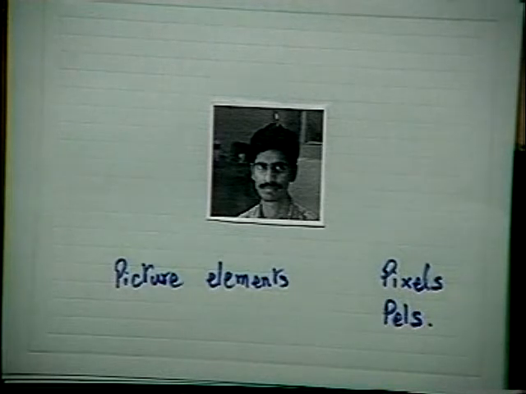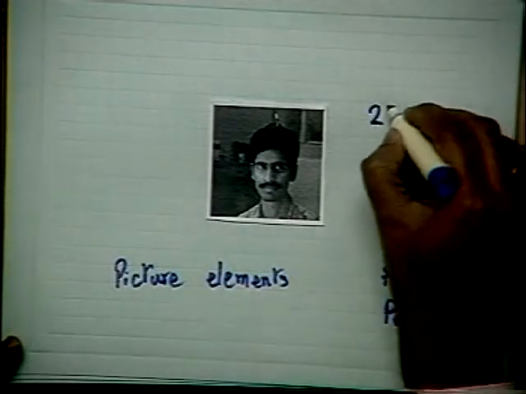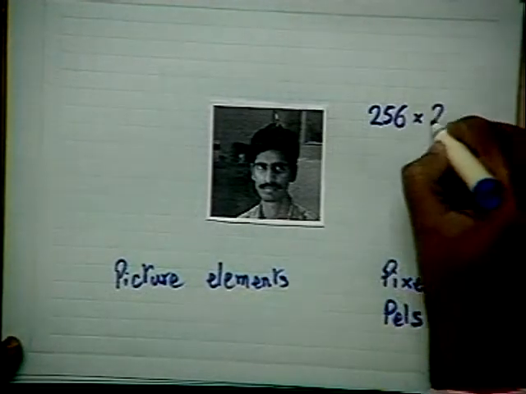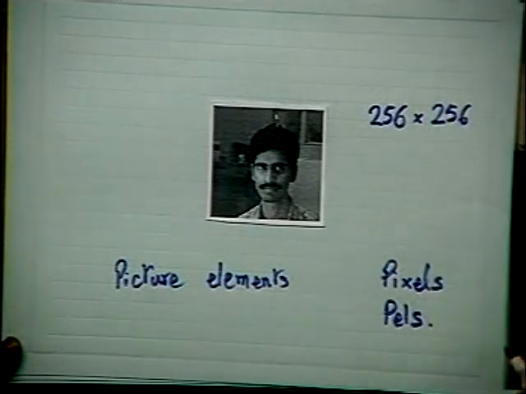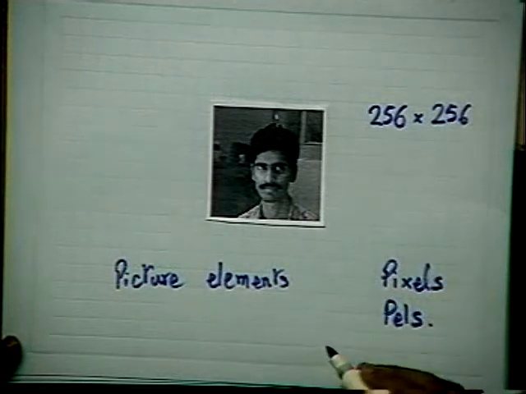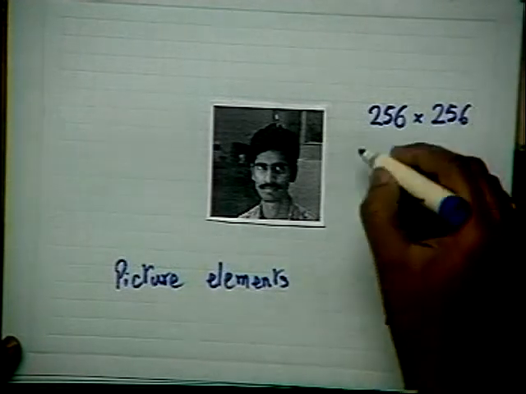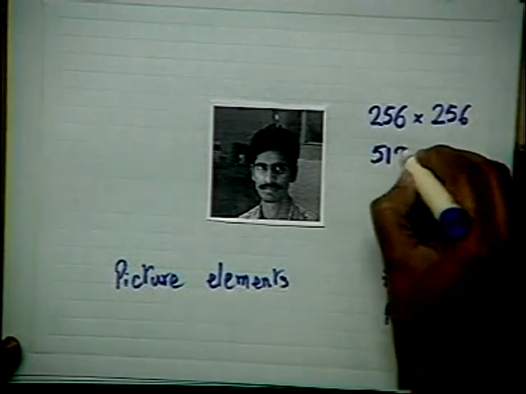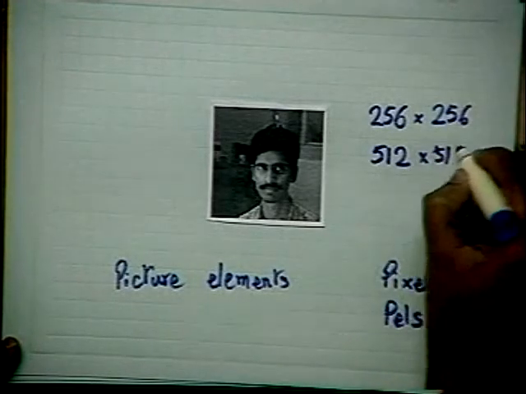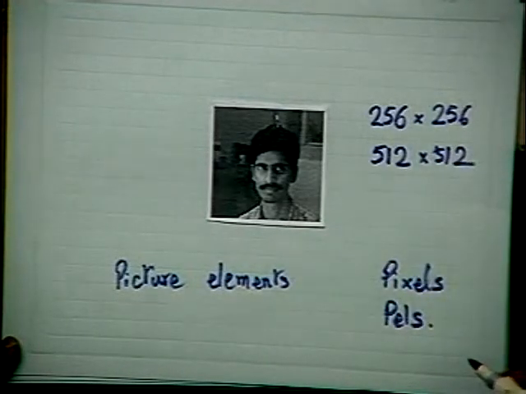Now it is seen that in order to represent a picture effectively, with a good amount of resolution, we go in for an image size typically of the order of 256 by 256 pixels, or very often even higher resolution, 512 by 512 pixels.